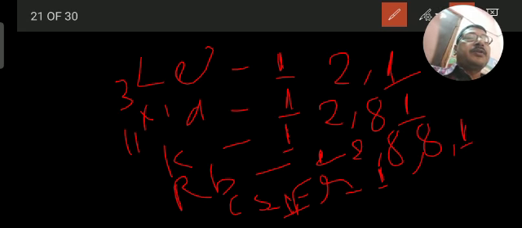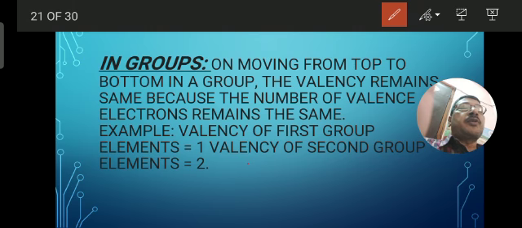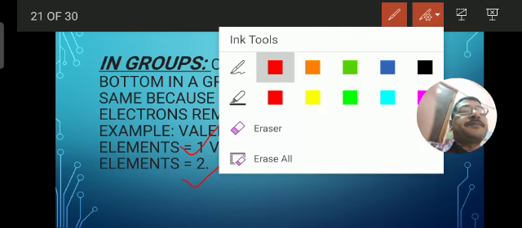Okay, so here we are finding that all are having valency 1. Clear? So we should remember that when we are moving from top to bottom in a group, valency remains the same whether it is the first group or the second group. Okay, all are showing the same kind of valency.